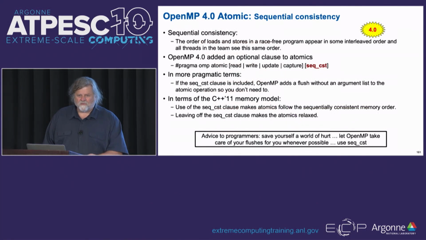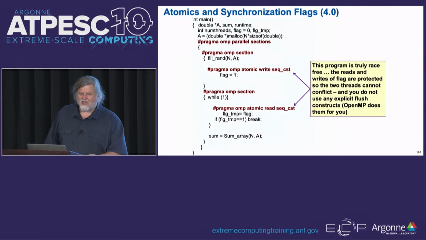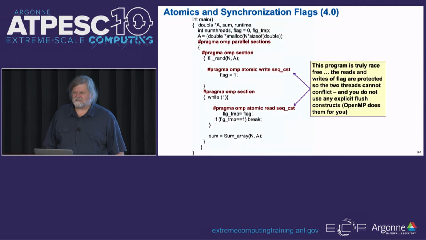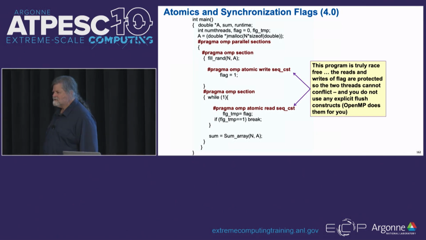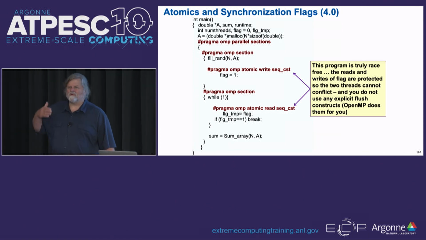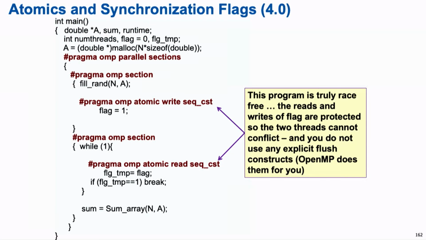Okay. Now, for the pairwise synchronization, we added something called sequentially consistent atomics. And we've added a number of capabilities, acquire and release memory orders. We've added stuff in OpenMP so that you don't have to write that kind of messy code I showed you in the other slide. And so using the latest and greatest in OpenMP, we have sequentially consistent atomic and writes.